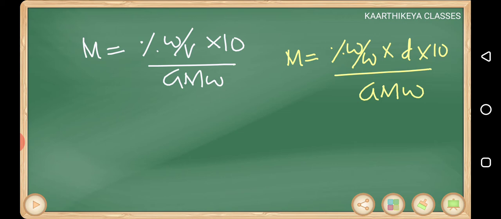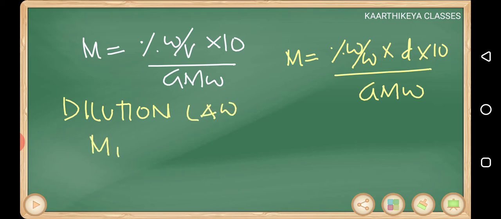When weight by weight percentage is given, density will be given. That also you need to multiply. Then the dilution law: M1V1 is equal to M2V2.